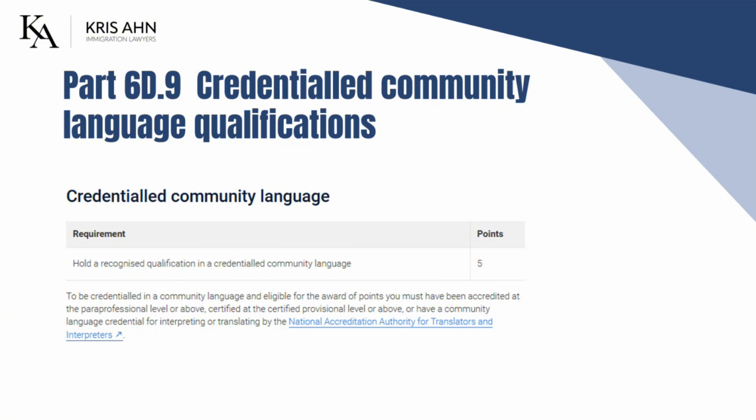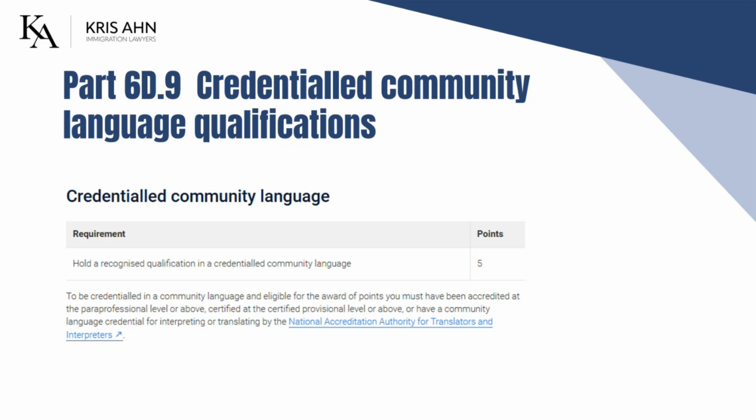Pretty much this recognized qualification in a credentialed community language is a NAATI community language certificate. So it's not exactly a certificate that lets you become an accredited translator or interpreter. It's just a qualification saying you're at paraprofessional level, a provisional translator, and they can give you 5 points for that.